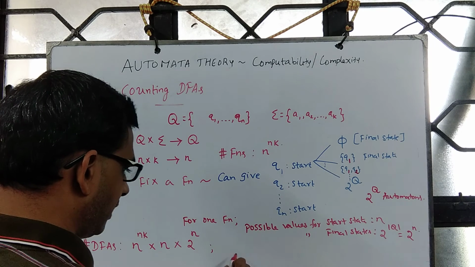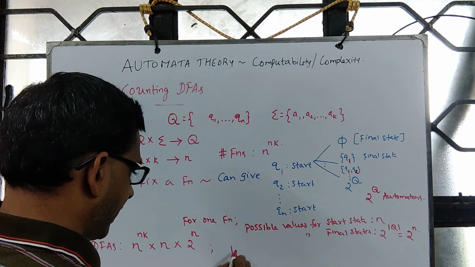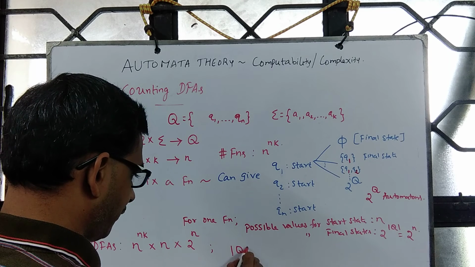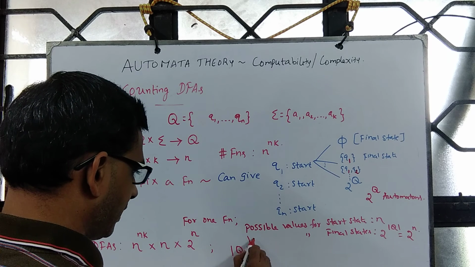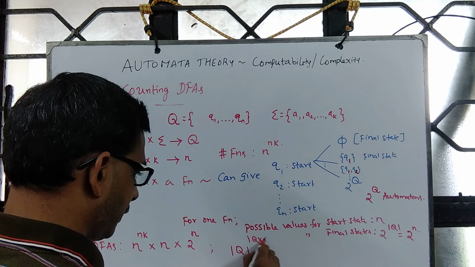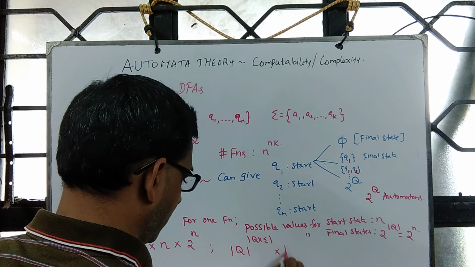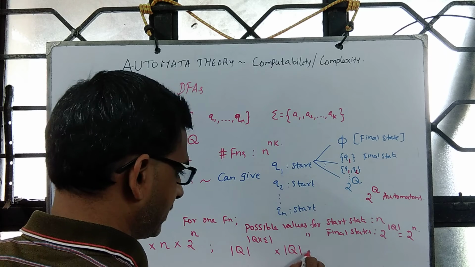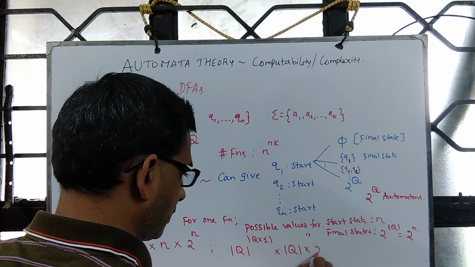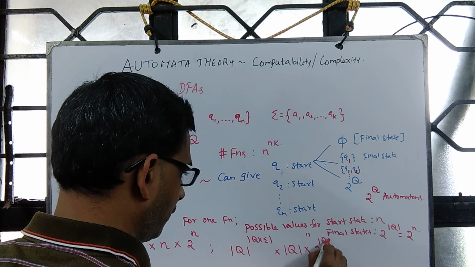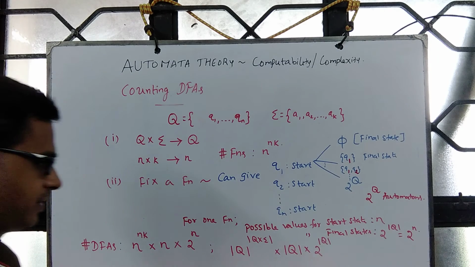So in general, you look at cardinality of Q to the power cardinality of Q cross sigma, times cardinality of Q for the start state, times 2 power cardinality of Q for the final states.